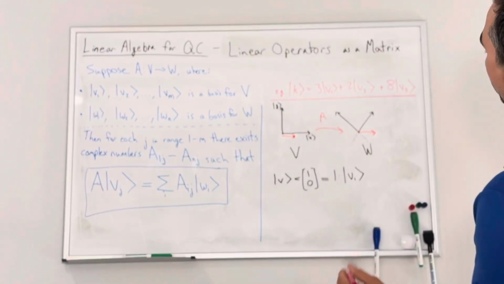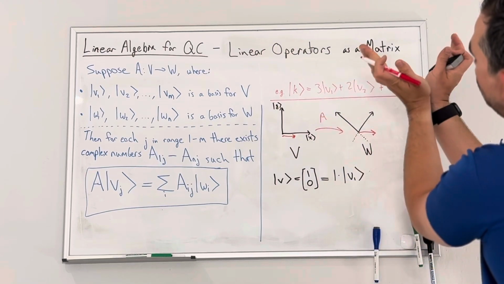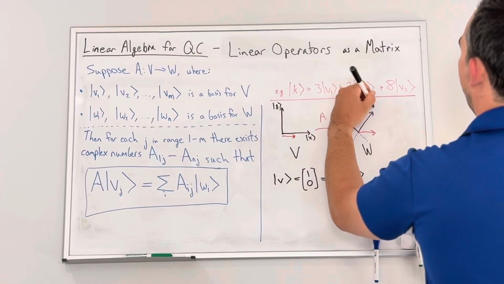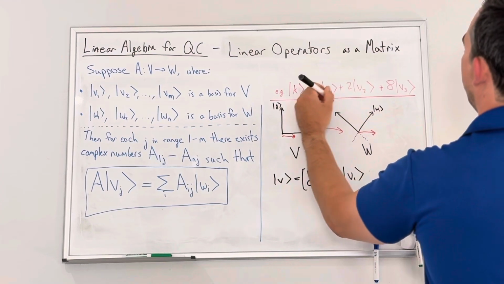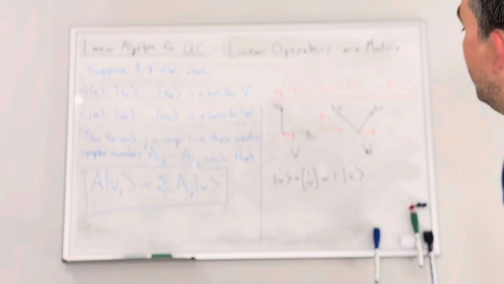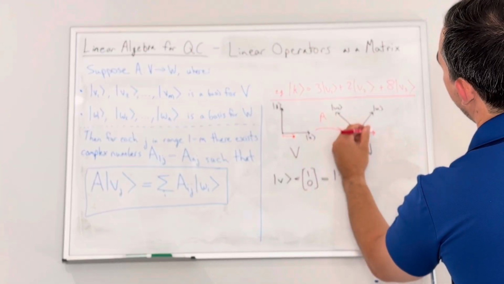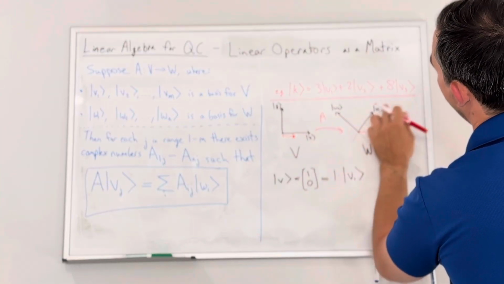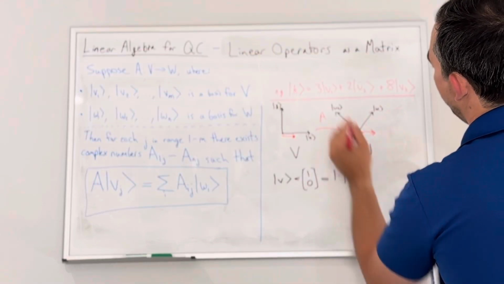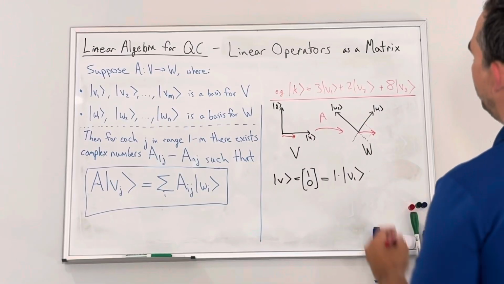Now we see in this new space, and let's call these w1 and w2, my vector has some component of w1 and some component of w2.